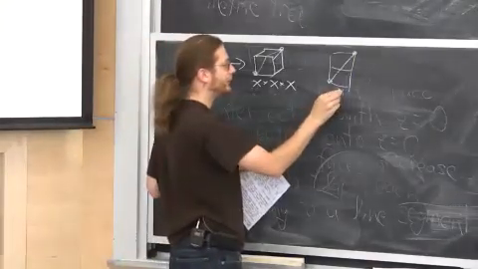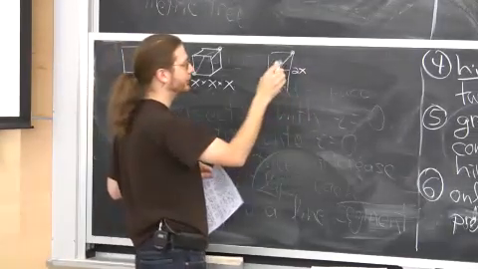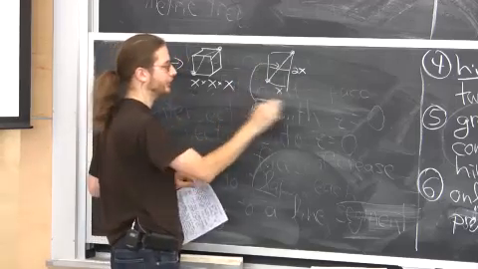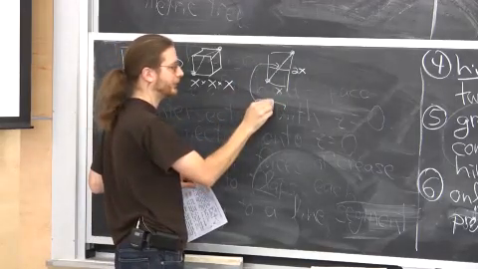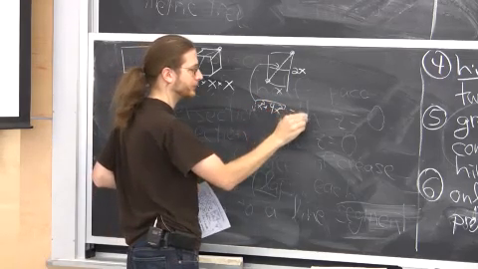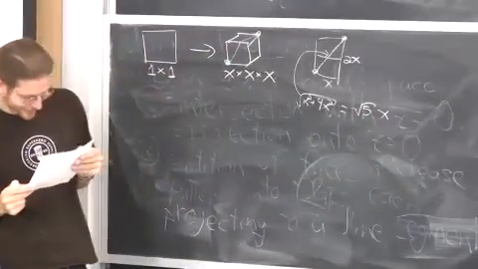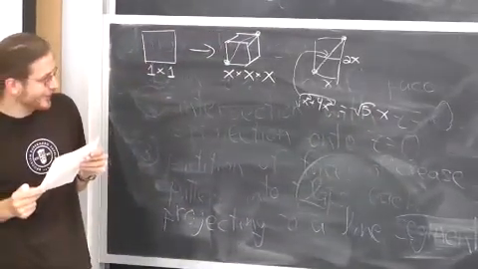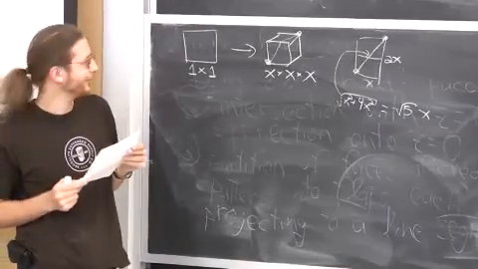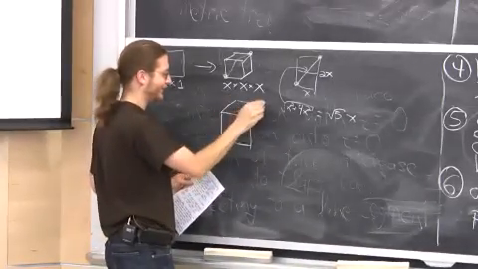So we have x here, 2x here. So this distance is, yeah, I see. Why is that different from what I have written down? Because that was not the diameter of the cube. I see. You want the actual distance?